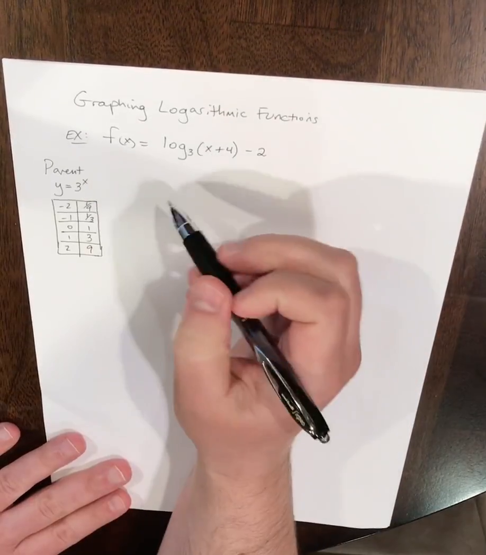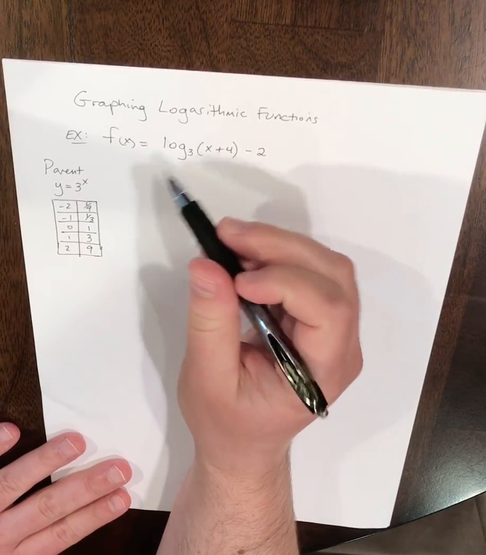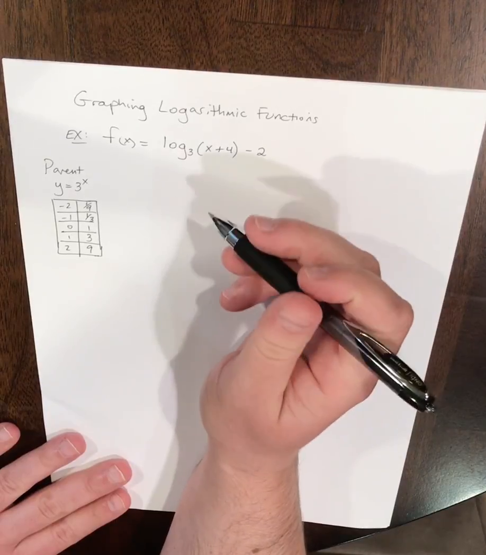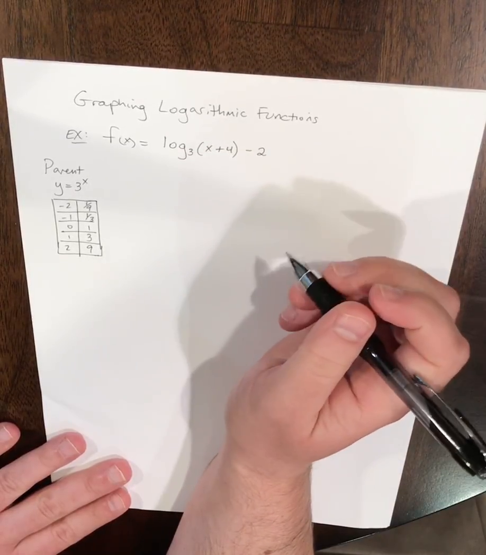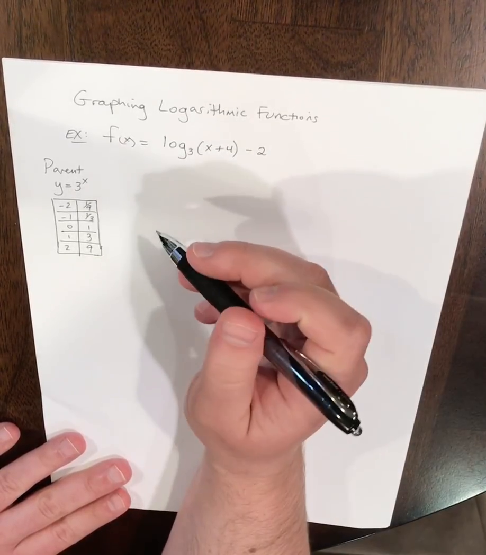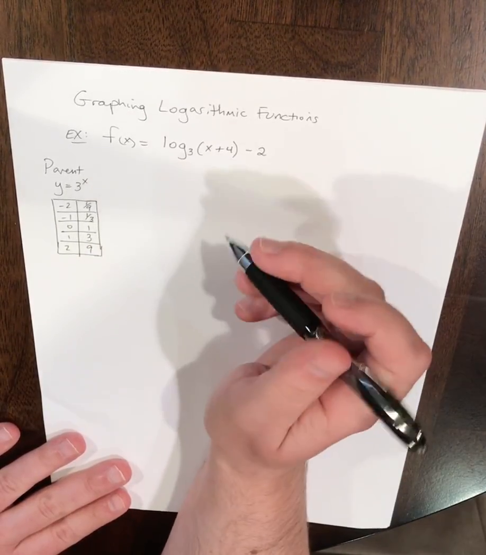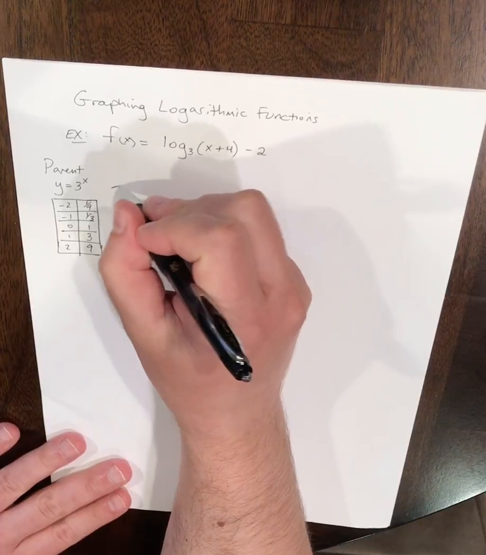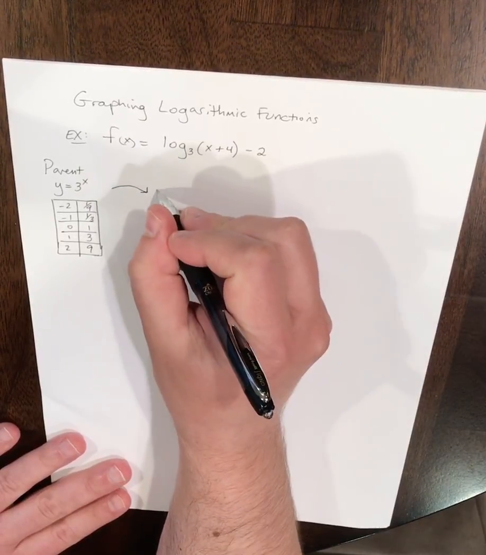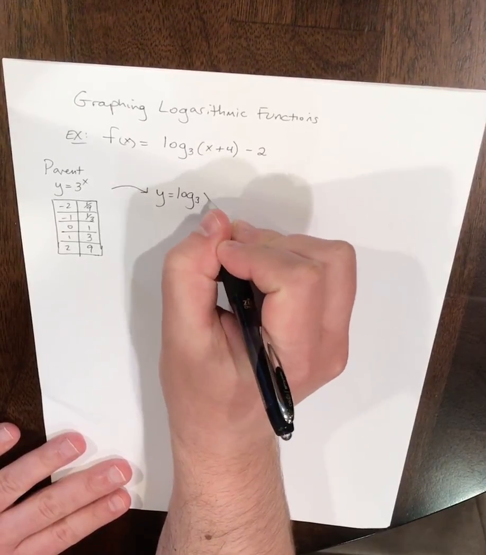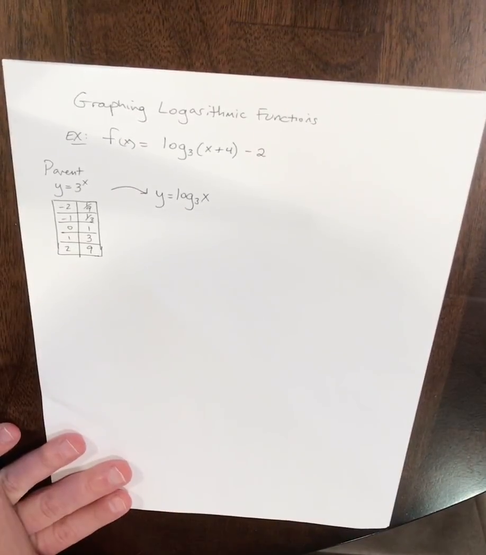Now, we discussed in the last lesson what a logarithm is. It's the inverse of an exponential. And back when we did the definition of inverses, you should remember that all we did was switch the domain with the range. So if I switch the domain with the range, I would get the inverse function, which would be the log base 3 of x.